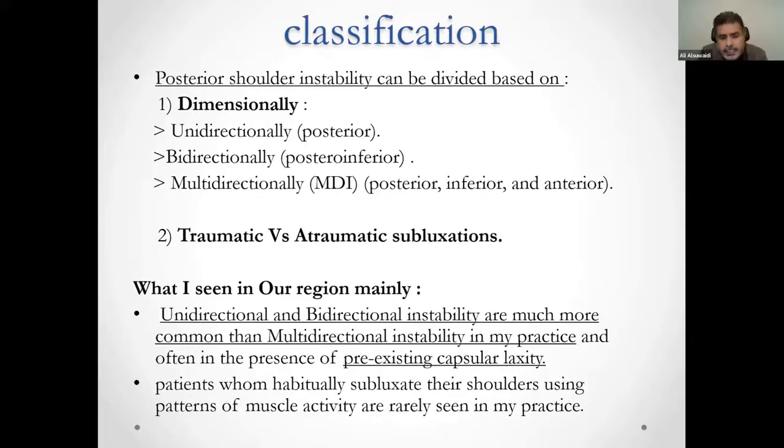What I call bidirectional is posteroinferior instability, and it is much more common in my practice than multidirectional instability. But even with those unidirectional and bidirectional cases, I often see a pre-existing capsular laxity. People mention the habitually subluxating shoulder in the literature, but to be honest, I rarely see those in my practice.